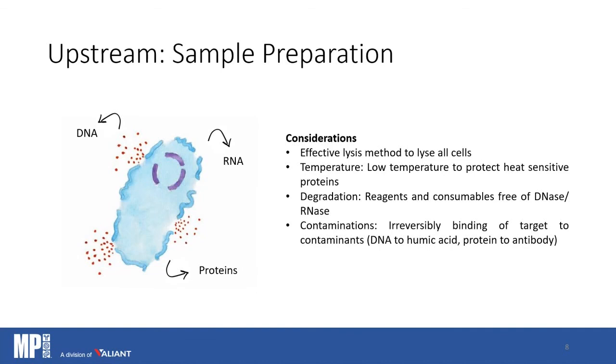Low temperature lysis method should be used if the target is heat sensitive. Thirdly, the lysis reagent and consumable must be free from DNAs and RNAs to prevent enzymatic degradation of the target. And lastly, lysis reagent should effectively protect the target from contamination, as certain contaminants will bind irreversibly to the targets. For example, humic acid from the soil will bind to DNA and make it not usable for other downstream applications.